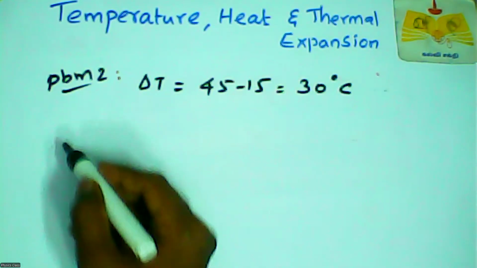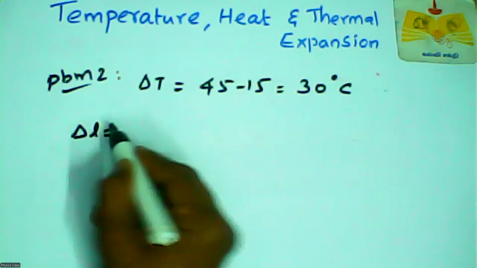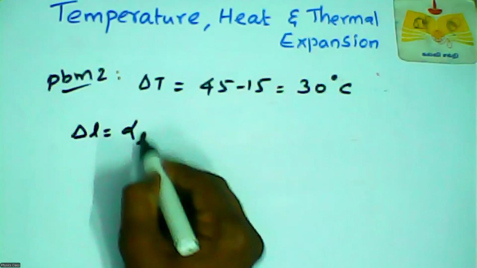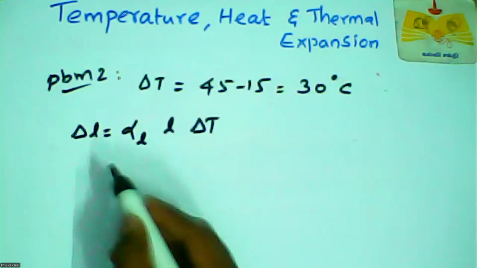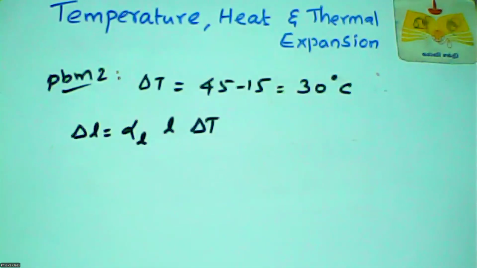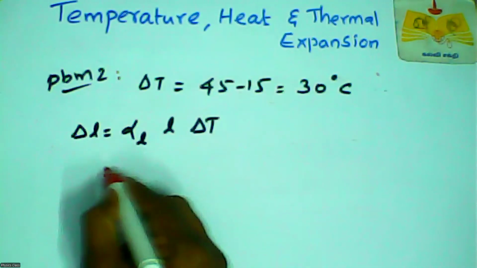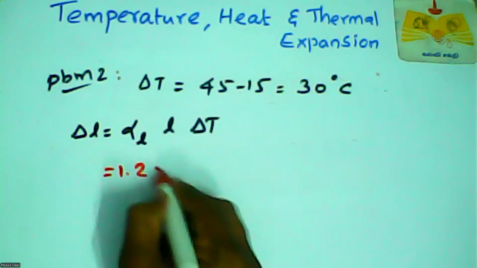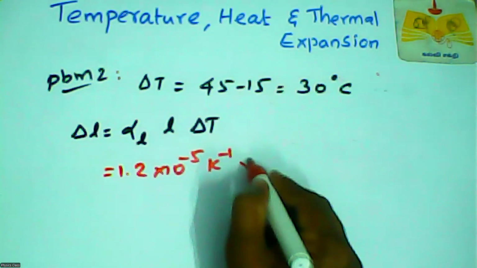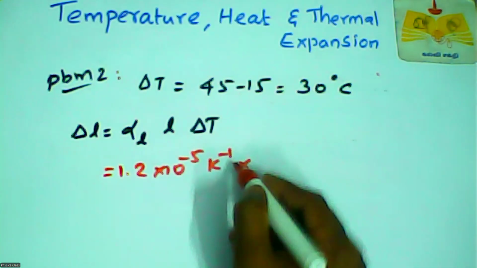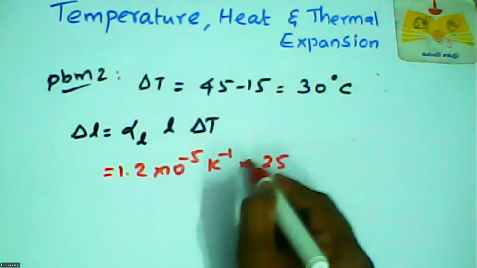You know the formula del L is equal to alpha L L del T. Alpha L, that is alpha steel, 1.2 into 10 power minus 5 Kelvin inverse. L, that is the original length, 25 meter.